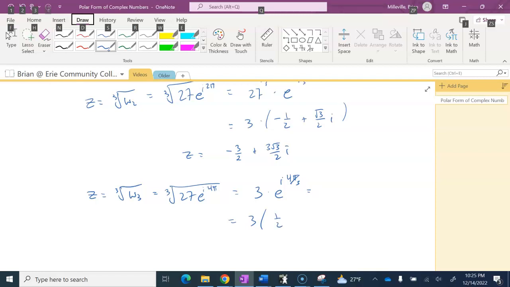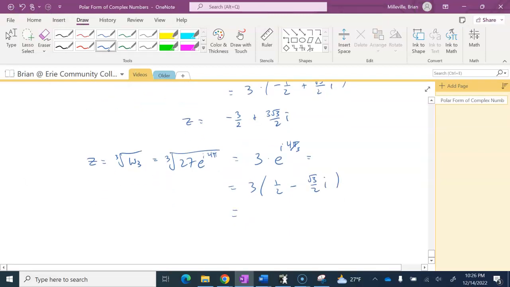That's going to be positive 1/2. Sine would be negative square root 3 over 2i. So we could also express this in rectangular form, 3 over 2, and then minus 3 square root 3 over 2i.